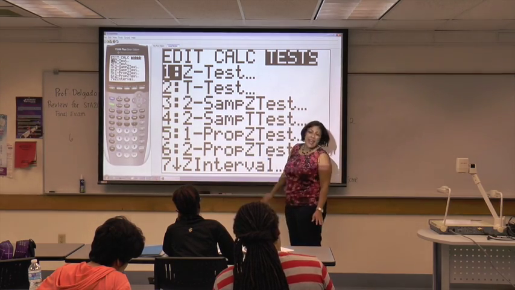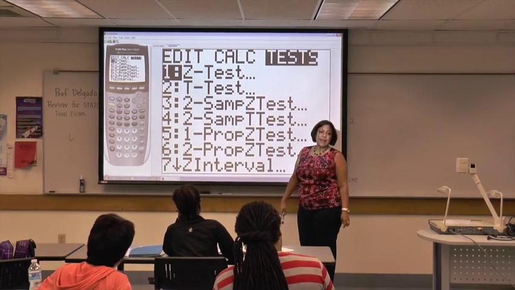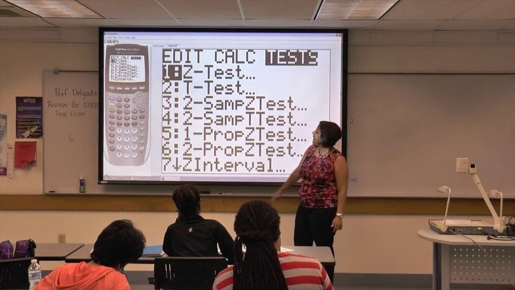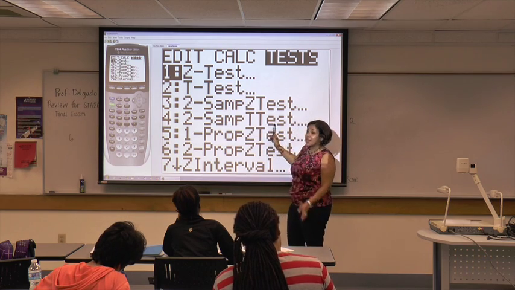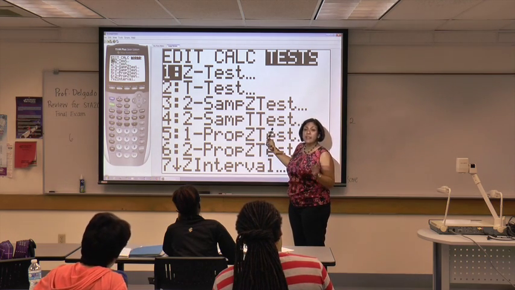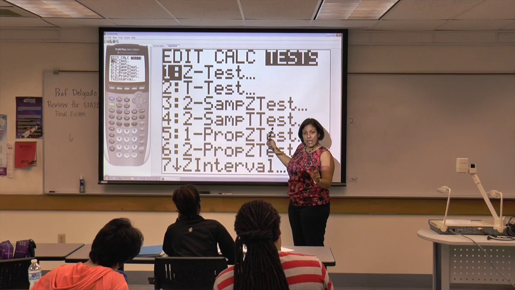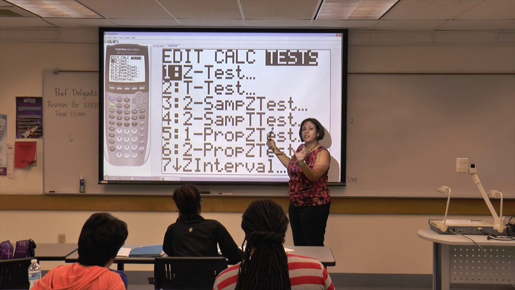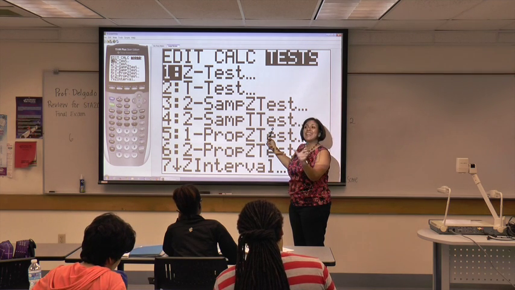The 2-sample z-test, you should never be using in this class, for the same reason we don't use a z-test. The 2-sample t-test we will use sometimes, and that's when we're testing a claim about the difference between two means, when we're comparing mu1 to mu2. So we have independent samples coming from two different populations.